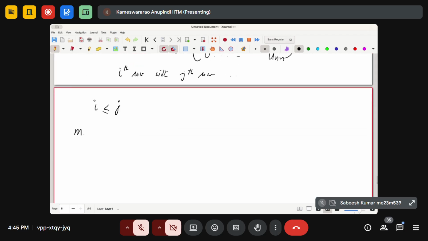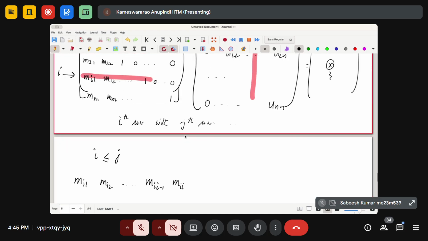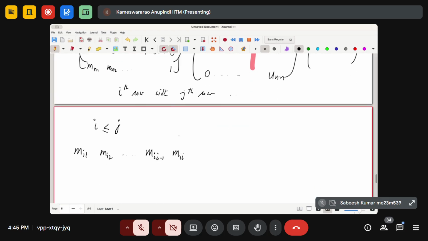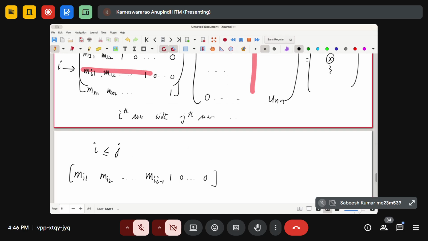The ith row is going to be mi1, mi2, all the way to mi,i minus 1. Since i is less than j, we have mii, but mii will be 1, and after that it is all zeros. That's the row that I'm going to obtain.